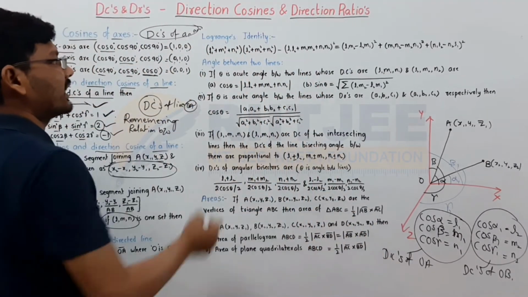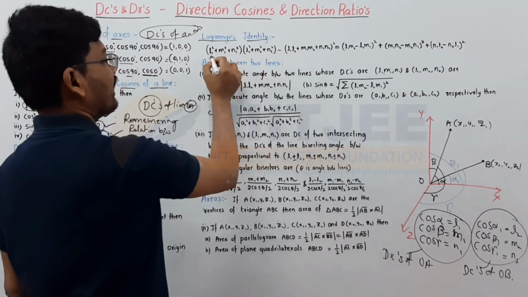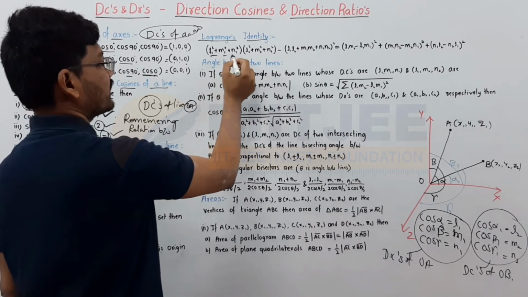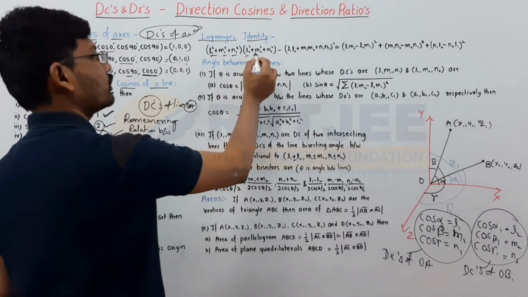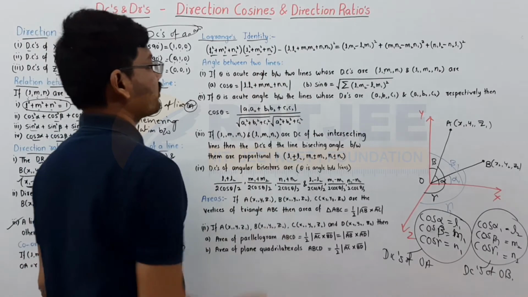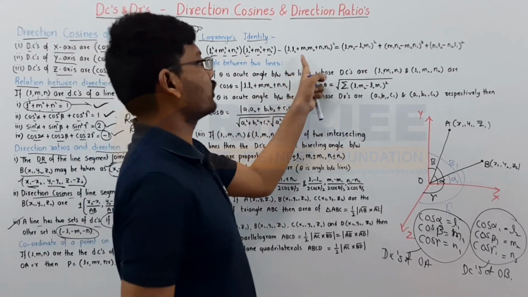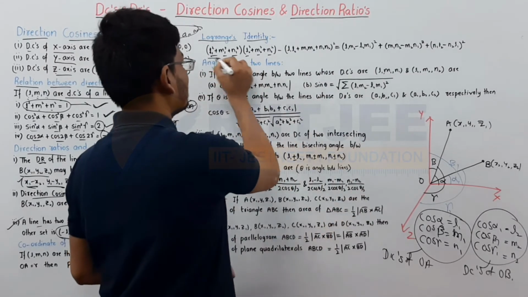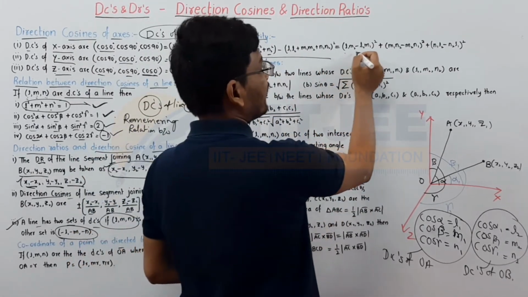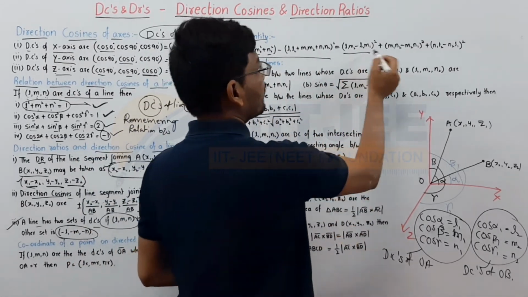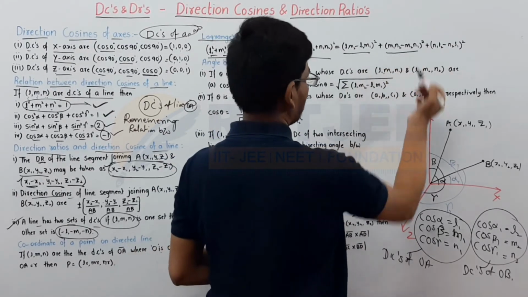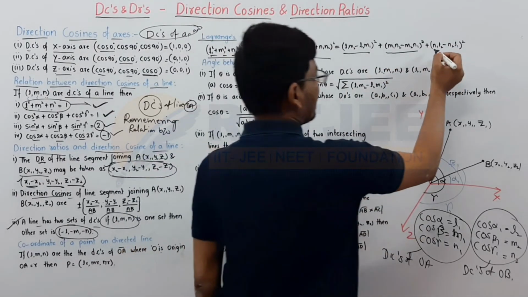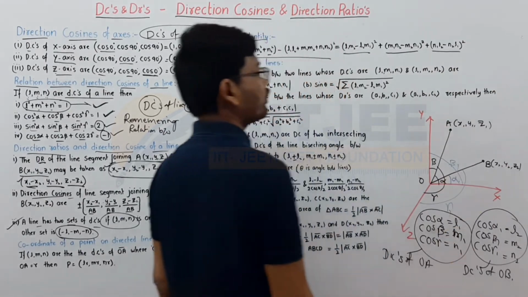Then Lagrange's identity will be: L1 square plus M1 square plus N1 square, into L2 square plus M2 square plus N2 square, minus L1 L2 plus M1 M2 plus N1 N2 whole square, is equal to L1 M2 minus L2 M1 whole square plus M1 N2 minus M2 N1 whole square plus N1 L2 minus N2 L1 whole square.